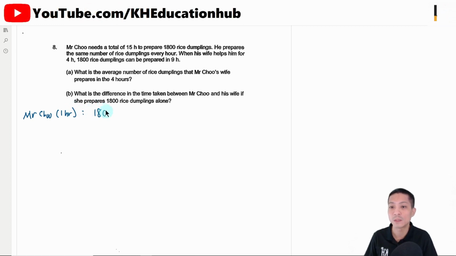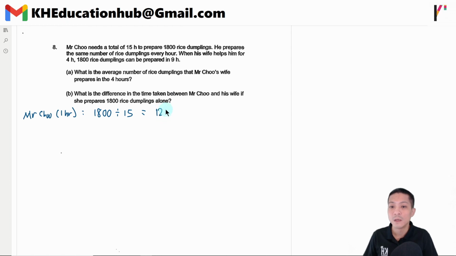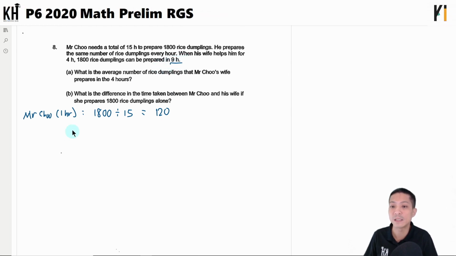Okay, that'll be 1,800 divided by 15. Okay, 120. Now, I need to find out how many dumplings can Mr. Chu make in the 9 hours. So, next step will be 120 times 9.